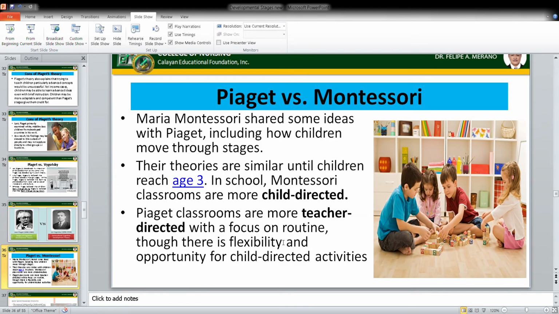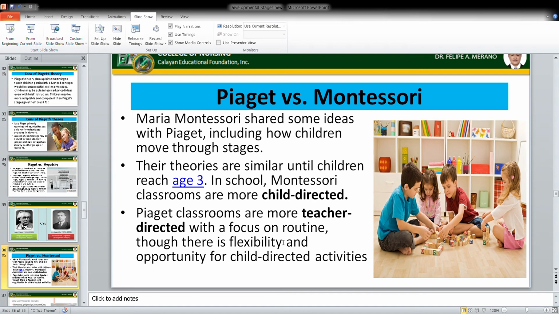Piaget versus Montessori. We all know the Montessori school. Maria Montessori is the author of this school. She shared some ideas with Piaget, including how children move through stages. Their theories are similar until the child reaches age 3.